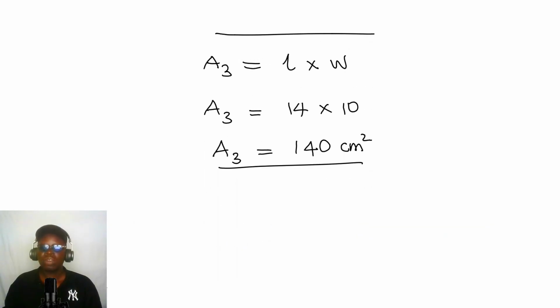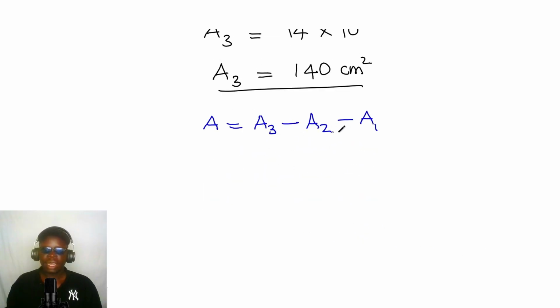Now, the question is demanding us to get the area of the shaded part. So the area of this shaded region is going to be the area of the rectangle, that is A3, minus the area of the bigger circle, minus the area of the small circle, that is 1. If you wish, you can combine them together and first add this together before you subtract. Let's have our area as area 3, which is 140, minus area 2.